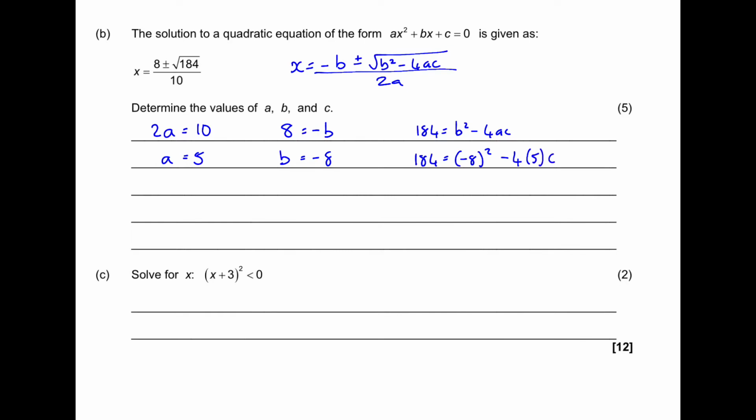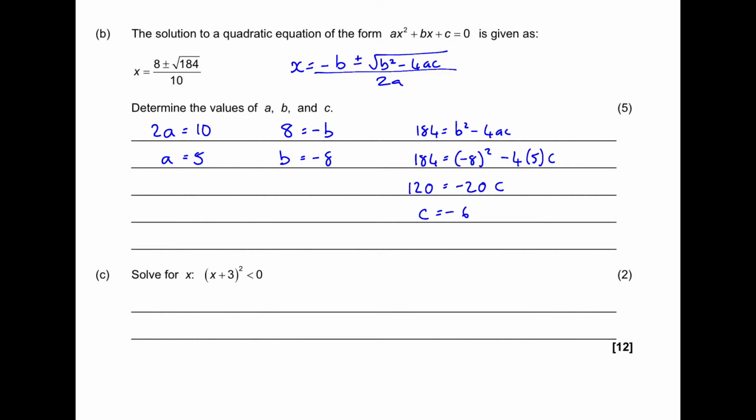All right, so we can now say negative 8 squared is 64. And if we bring the 64 over, it becomes 184 minus 64, which is 120. And on the right-hand side, we have negative 20c. Now divide both sides by negative 20, and c is then equal to negative 6.